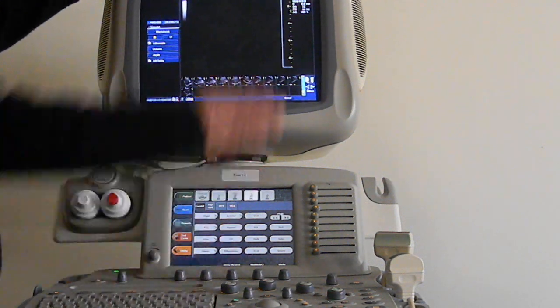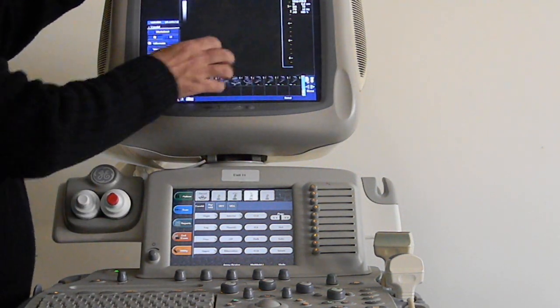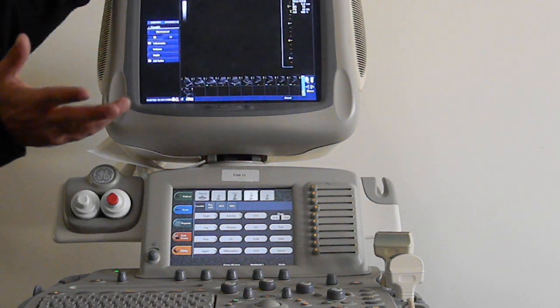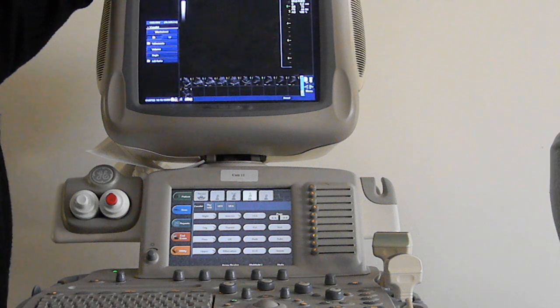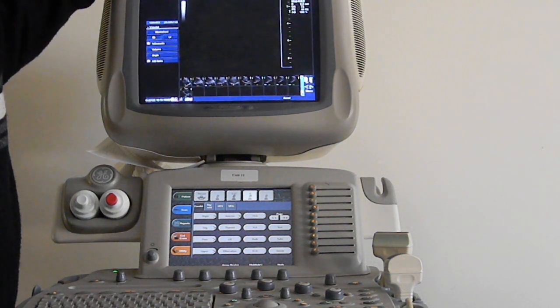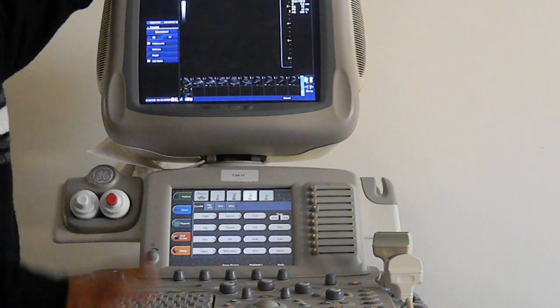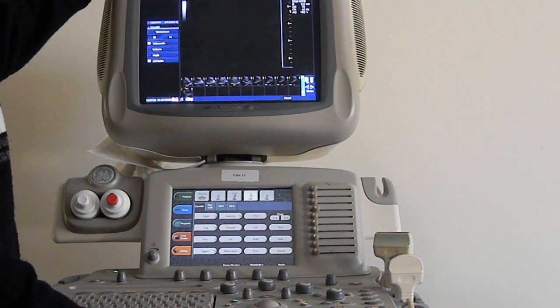But if you increase the depth, that means you'll be able to visualize structures which are at a greater depth. Did you guys get that? Good. What's the next one?